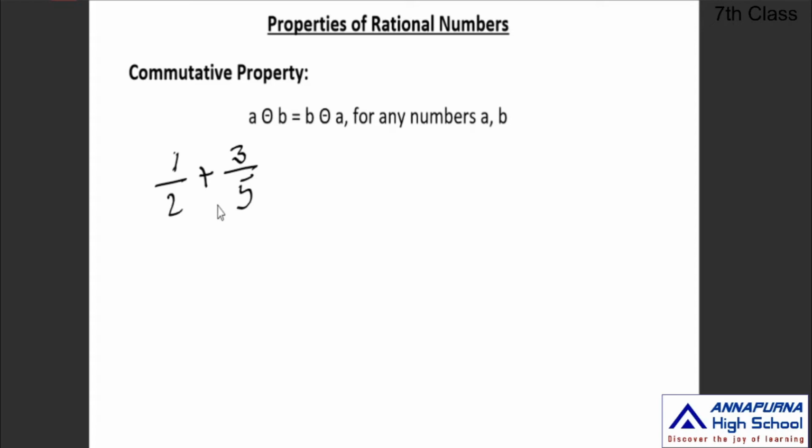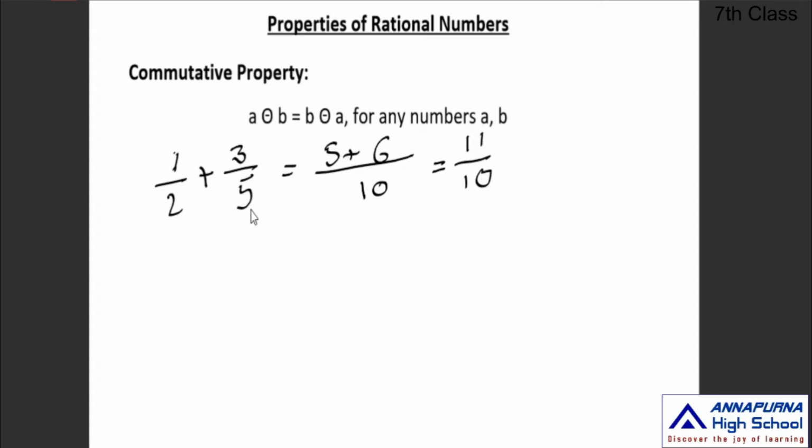I am adding these two rational numbers in this order: 1 by 2 plus 3 by 5. The denominators are 2 and 5, their LCM is 10, and the numerator is 5 plus 6, so it is equal to 11 by 10.